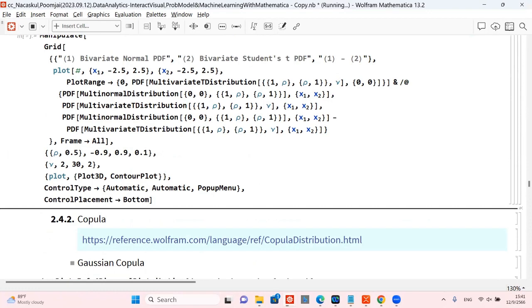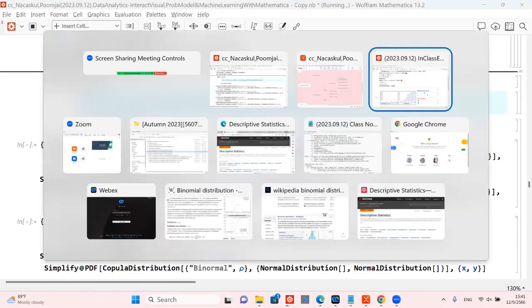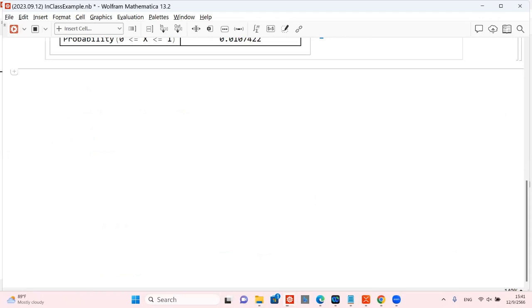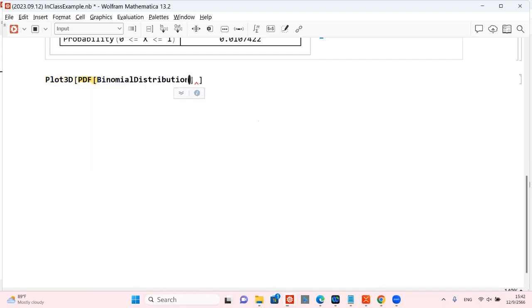Okay, this one. Where's that example in class? Plot, 3D in this case, PDF, binormal distribution.